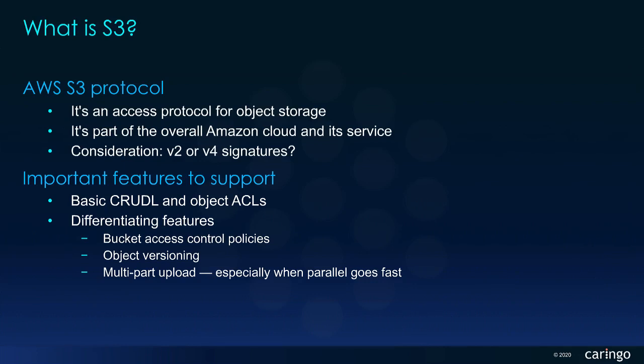V2 is the old one, but it's actually the fastest in regards to performance. V4 introduces more redundancy and more levels of security when you are communicating with the cluster, but the performance is not as good as with V2, because it's a little bit more complex.